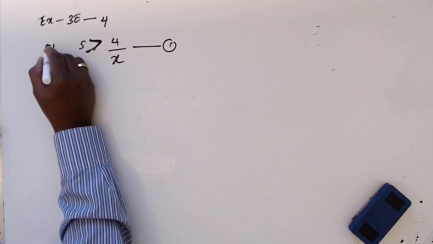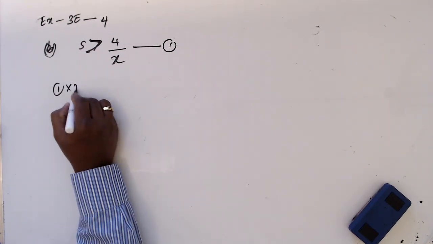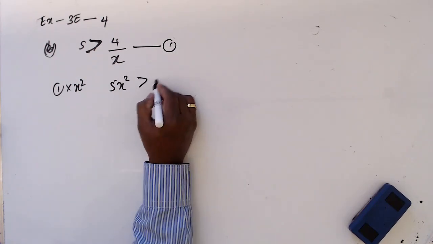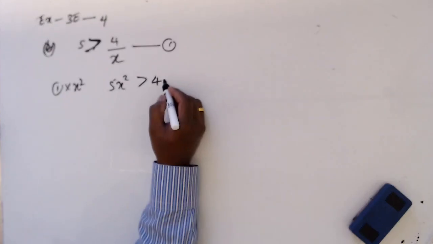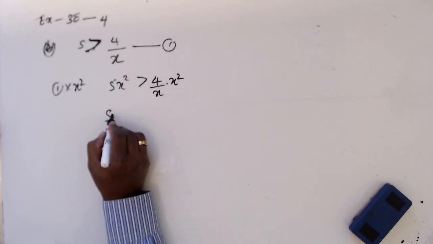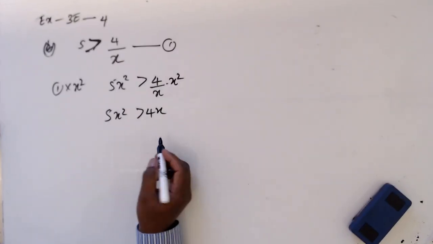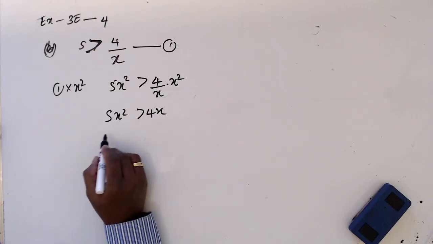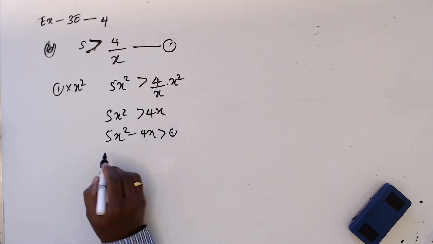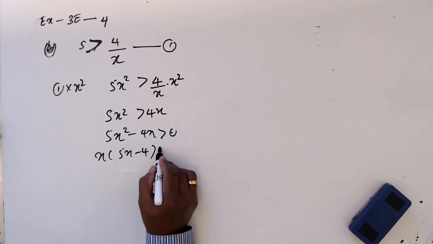Now part b. 5 over x greater than 4 over x square, multiplied by x square. So 5x square over x is 4x over x square times x square. 5x square minus 4x greater than 0, x times 5x minus 4.